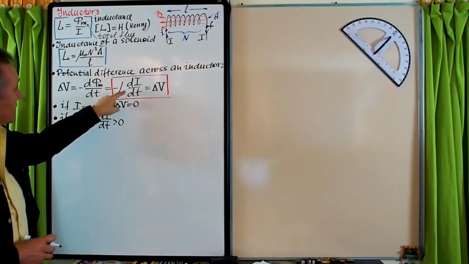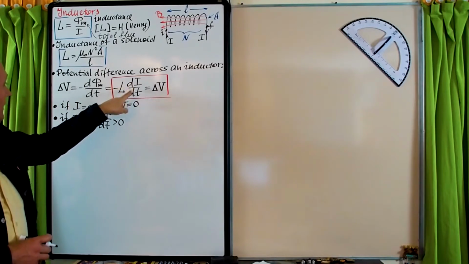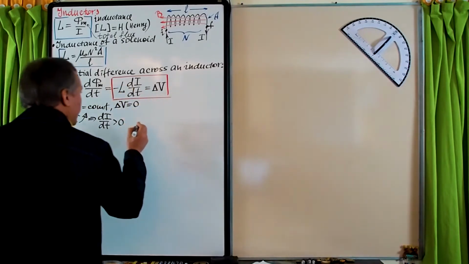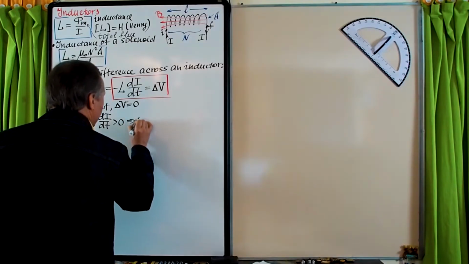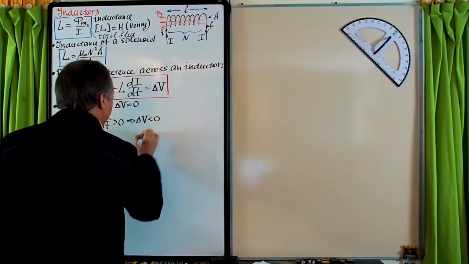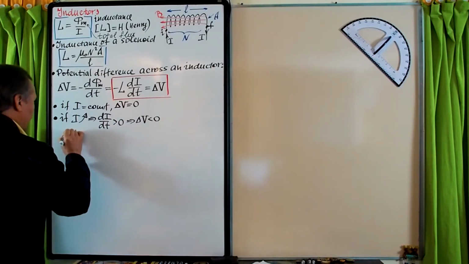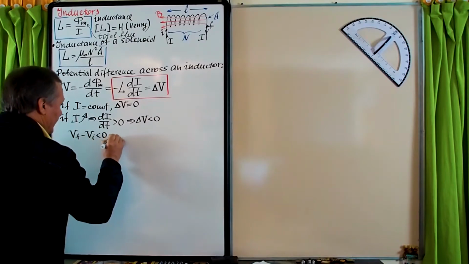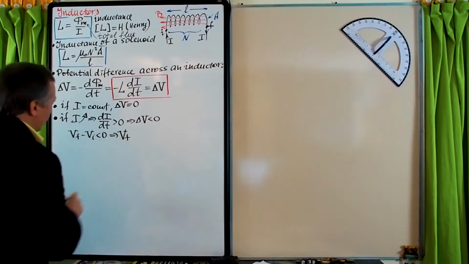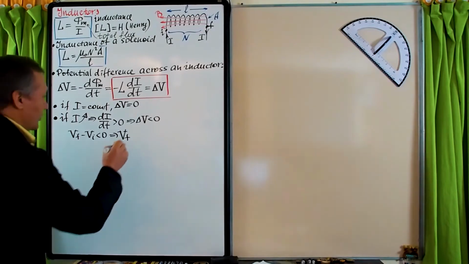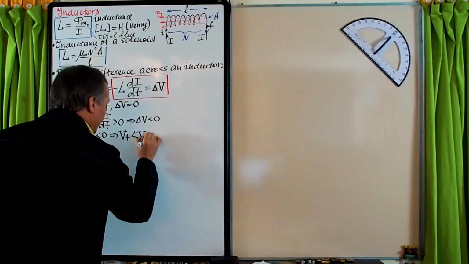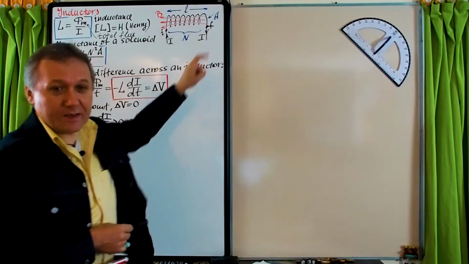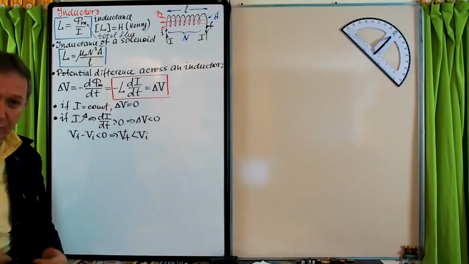So minus L positive times di over dt positive means delta V is negative. And delta V is V final minus V initial, so it is negative, and it means that V final is less than V initial. So the electric potential over here is smaller than the electric potential over there.